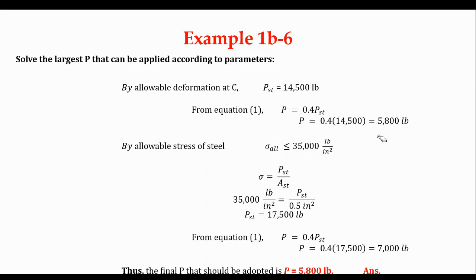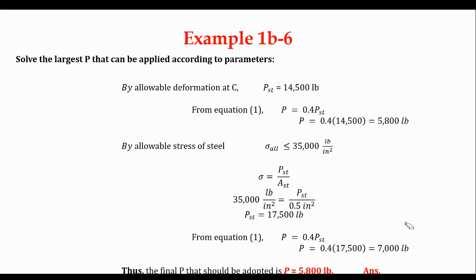Kasi ang mapansin ako sa ubang student, kay gihatag naman ang allowable stress sa steel, ginabuhat nila, ginasubstitute nila dayon, makuha nila ang force sa steel. And then, mag-summation moment sila, makuha nila ang P. Mao na ni ang ilang ma-answer is 7,000 pounds.